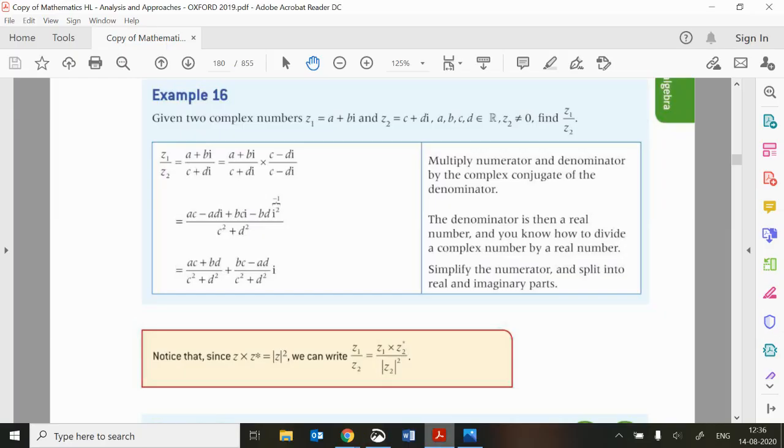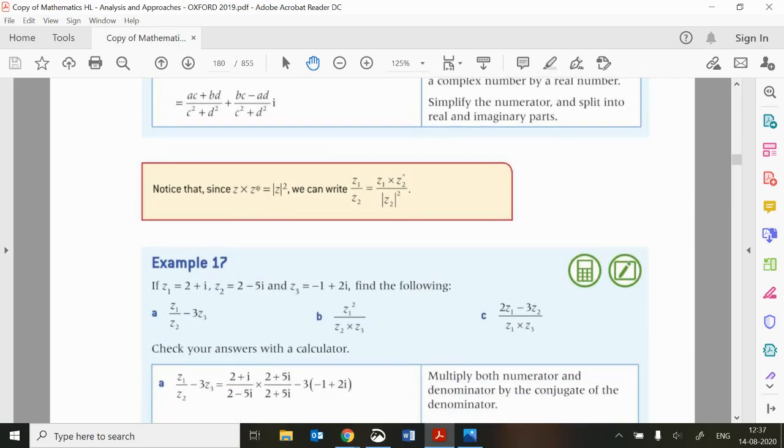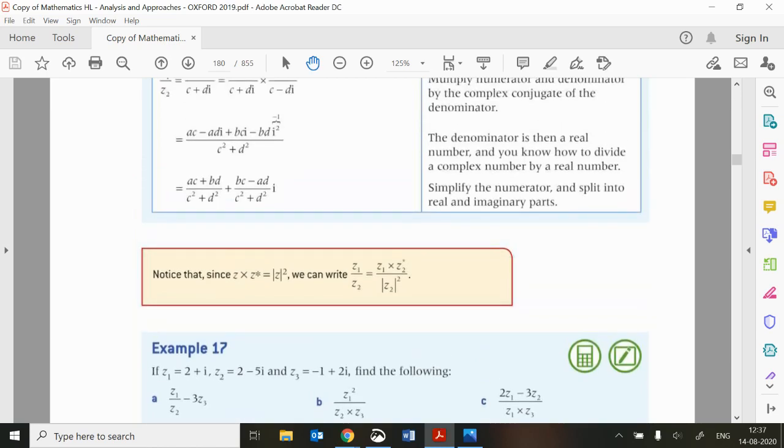Okay, next question. And they go through the point which I explained earlier as well, that timesing z by z star, the conjugate, gives you the modulus of z squared. In other words, a squared plus b squared. Oh, and there's another thing here.